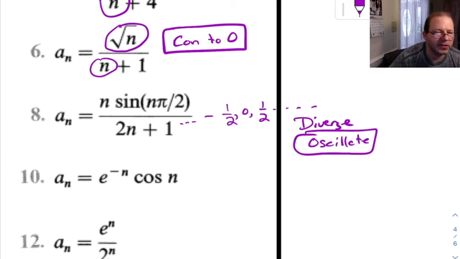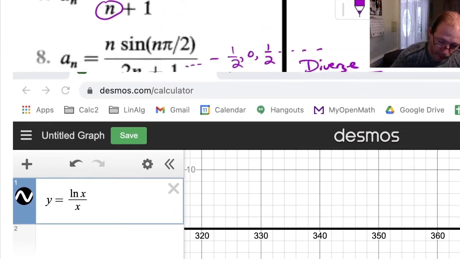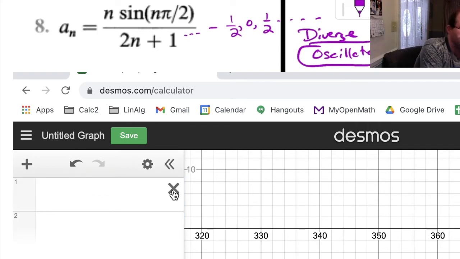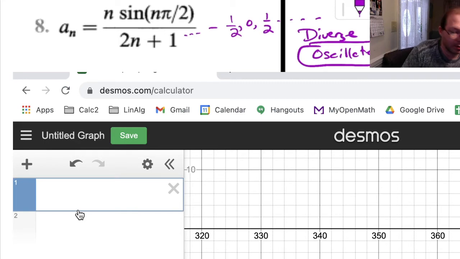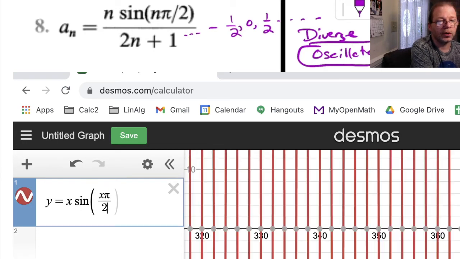And well, let's graph this one. So you've got x sine x pi over 2. There's some fun stuff happening there on the side.